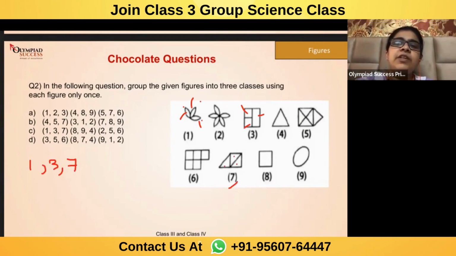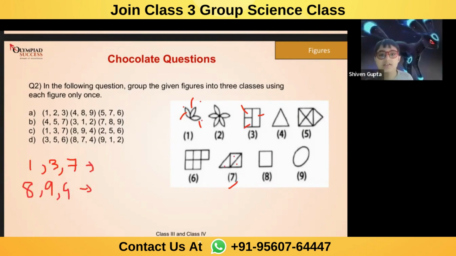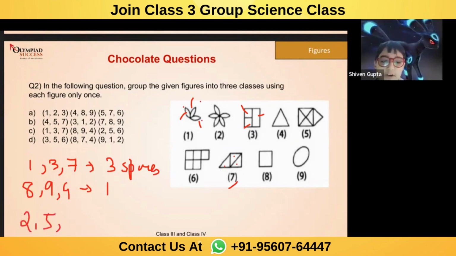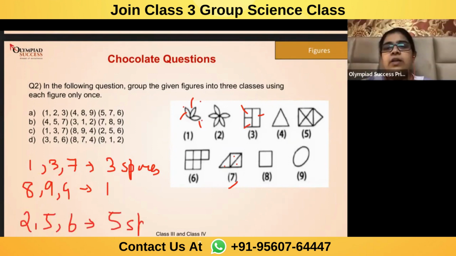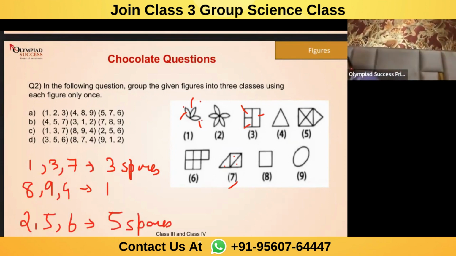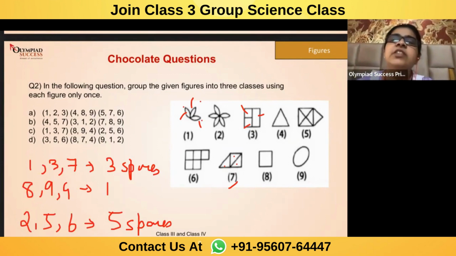Now tell me what is similar in 8, 9, 4, Shiven? 4 are single shapes, ma'am. Single shapes. So no division, only one single figure. Yes. And 2, 5, 6 have 5 compartments. Very nice. 5 spaces, 5 compartments, and that makes it the correct answer. Very good, Shiven. That's a nice explanation.